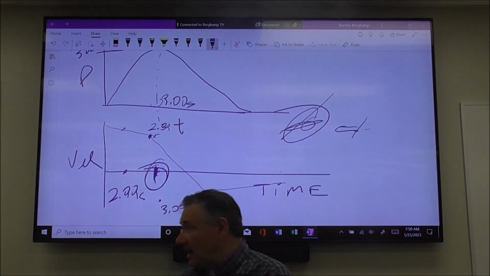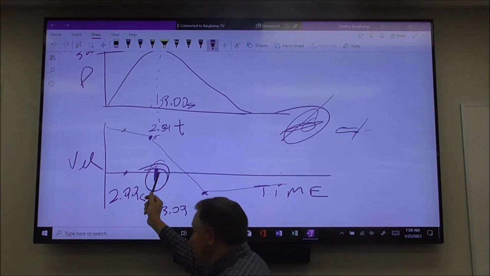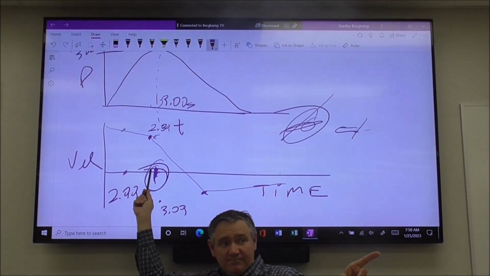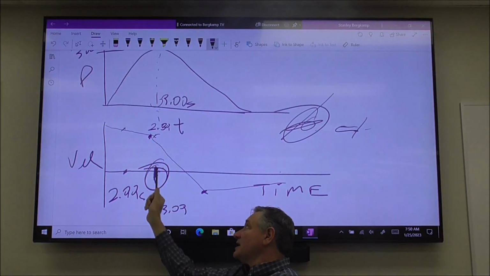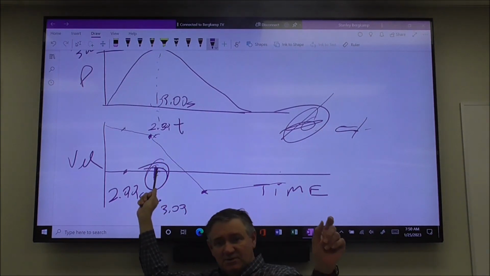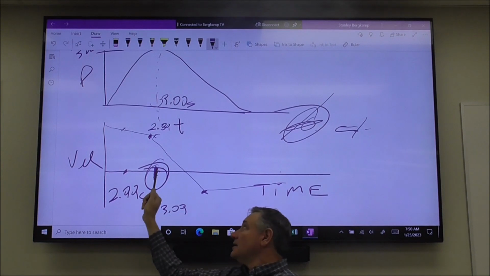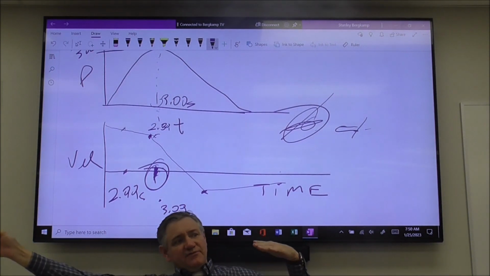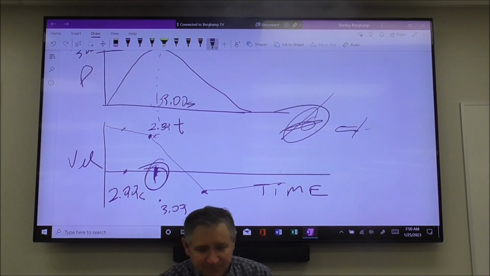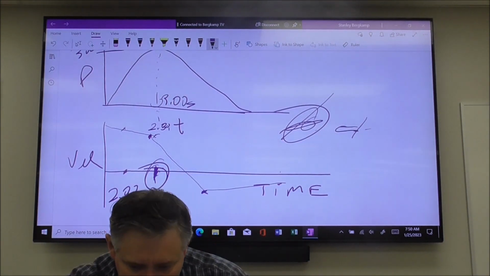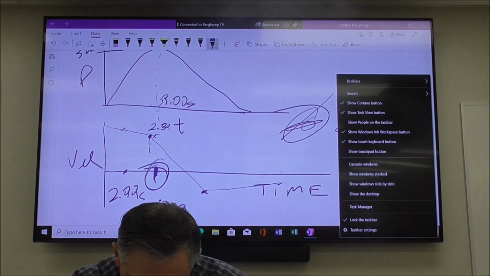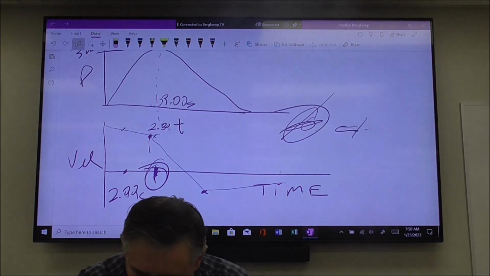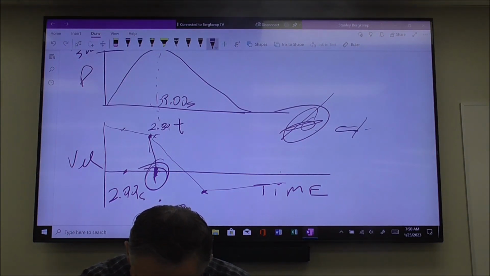So here's my 2.99 second mark. A tenth of a second before it stopped, that's when the plunger hit the wall. A tenth of a second afterwards is when the plunger had left the wall and it's rolling backwards. So come in here and draw a line like this.